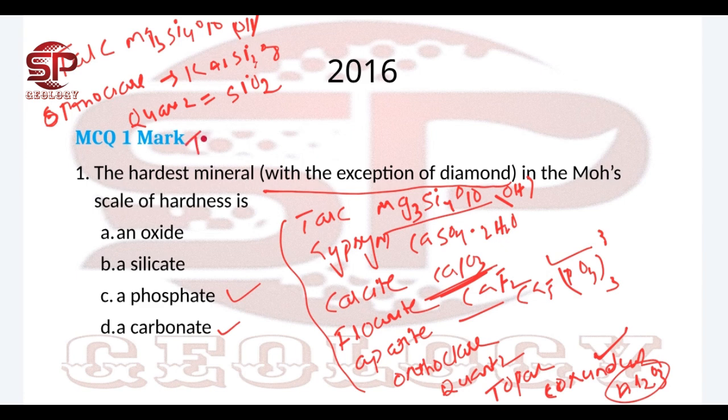Then topaz, SiO4, OH group will be there. So these four are silicate. The oxide is Al2O3, or you can also say silicon dioxide, it is also oxide. Then silicate we have 4, phosphate we have 1, Ca5(PO4)3, and carbonate we have CaCO3. Your answer will be oxide.